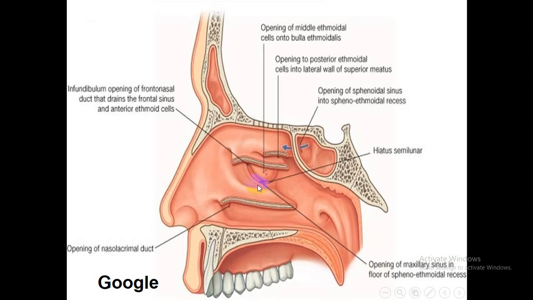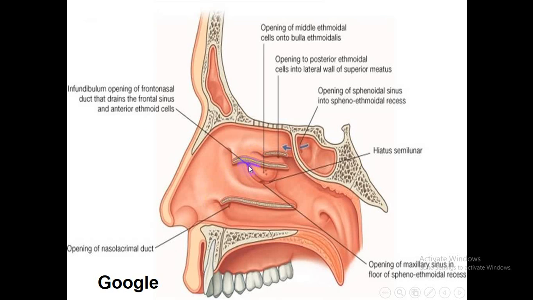Also, this hiatus receives the anterior ethmoidal sinus, which opens in its anterior part. Also, near the anterior end of the middle meatus the frontal sinus opens.